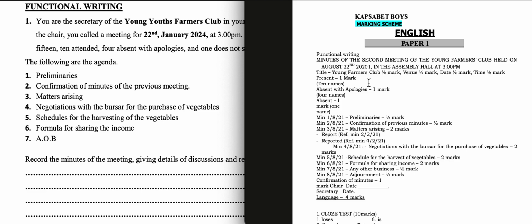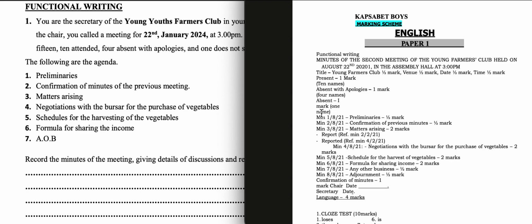If this is the chairman, you start with the chairman, you go to the vice chairman, you go to the secretary, you go to the treasurer, like that. And if you don't hold those positions, you are still a member. So everyone has to have a position, so you have a member. Then you go to absent with apologies, you write 4 names. Those absent, you write 1 name.